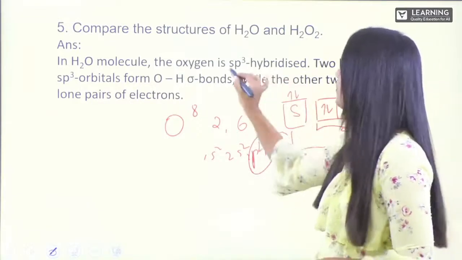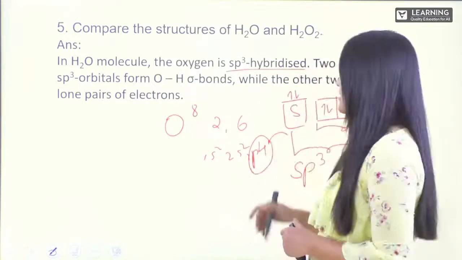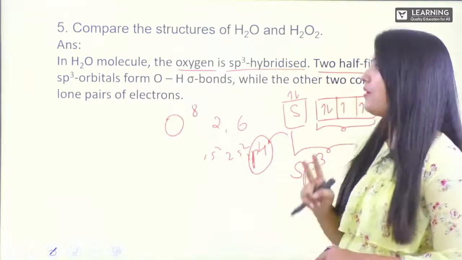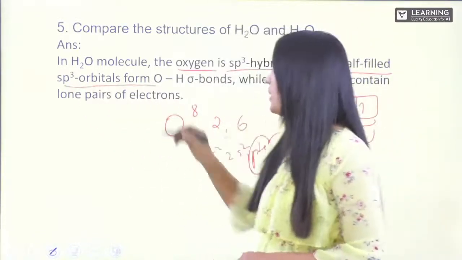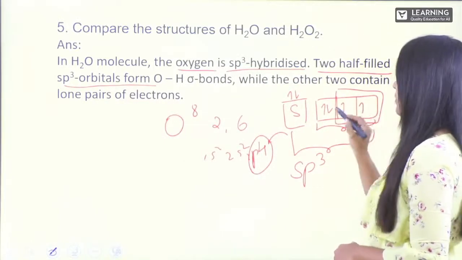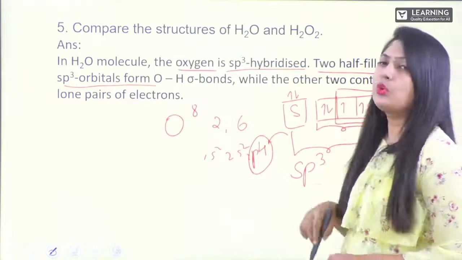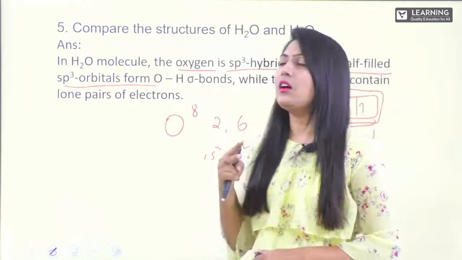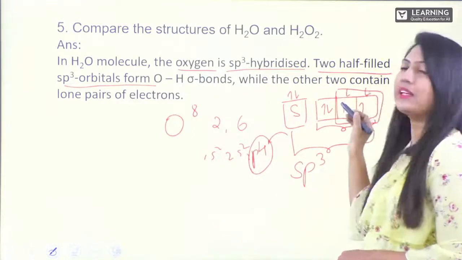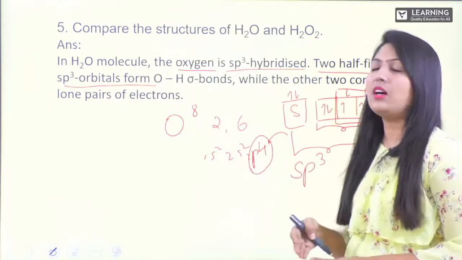So here sp3 hybridization takes place for oxygen, and it will have 2 half-filled sp3 orbitals. If you see here, these 2 are half-filled, while this is a completely filled orbital. Likewise, you get 2 half-filled sp3 orbitals which require 2 more electrons, to be taken from or shared with other elements.